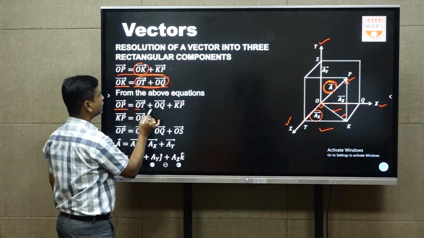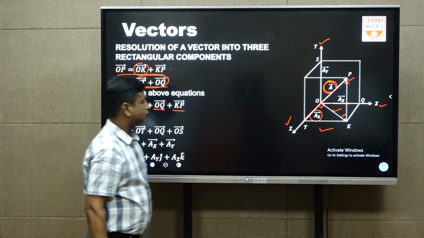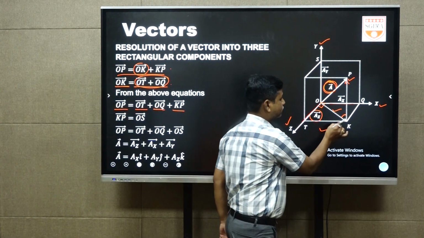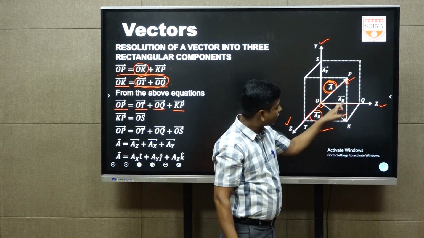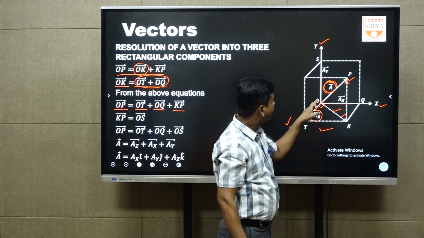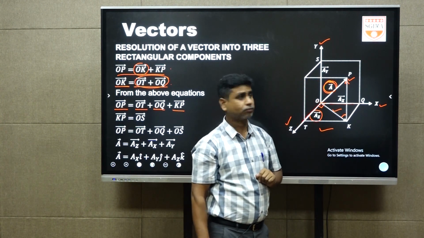OP bar equals OT plus OQ plus KP. Here, what is KP? In this diagram, KP is one edge of the cube. The line OS is also one edge of the cube.